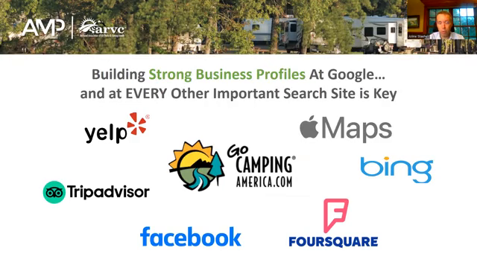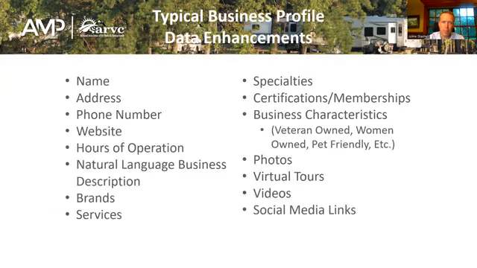I threw the logos up there and I put the GoCampingAmerica.com logo in the middle because that is a highly influential in-group interest-specific vertical that is run by a .org and that provides a lot of the authority benefits that I talked about for your website in my earlier slides.